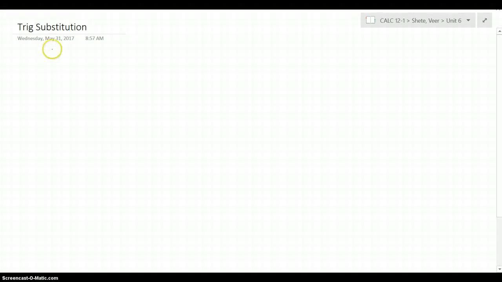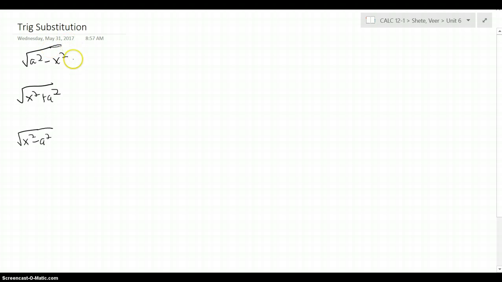These three functions are root a squared minus x squared, root x squared plus a squared, and root x squared minus a squared. We'll use trigonometric substitutions when we have any integration involving any of these functions within the integral.